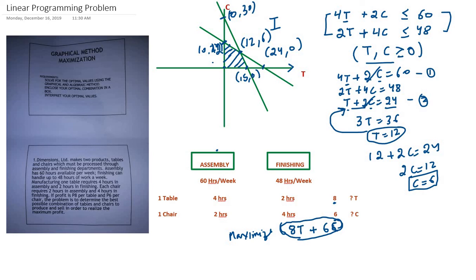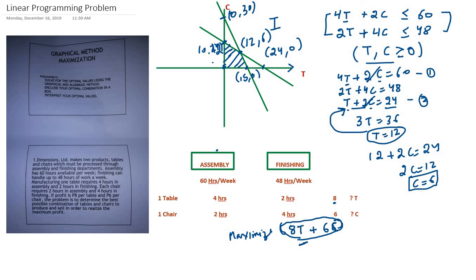So when using the graphical method, the critical points are the 4 corner points, right? This point, this point, this. These are the 4 corner points where the chances of finding the maximum value of this equation are there. For any problem you are going to solve, these are the points to look for.